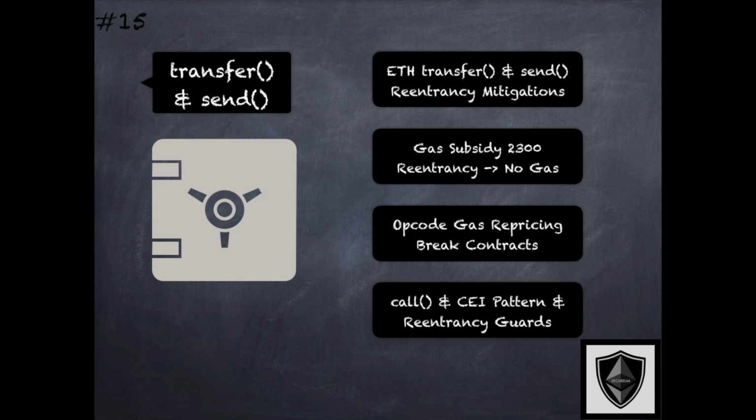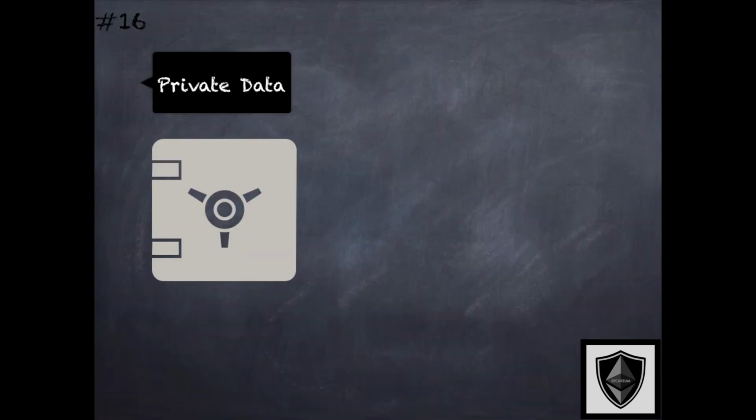So the latest security best practice recommendation is to not rely on transfer and send as reentrancy mitigations, but instead to use the low-level call directly that does not have those hard-coded gas limits, and couple that with a CEI pattern or reentrancy guards, or both, for reentrancy mitigation.